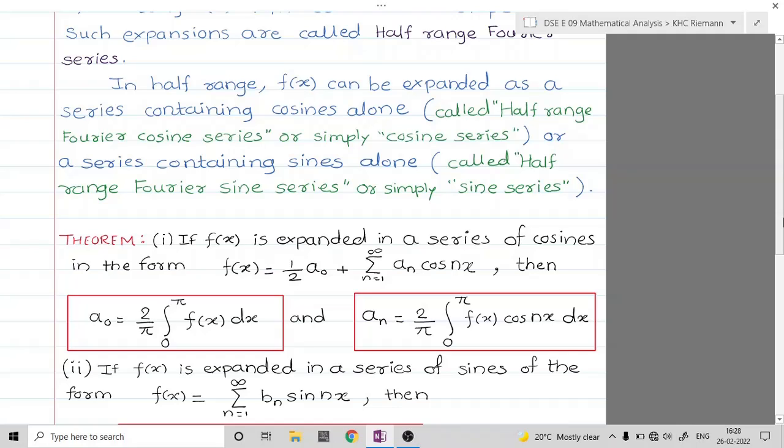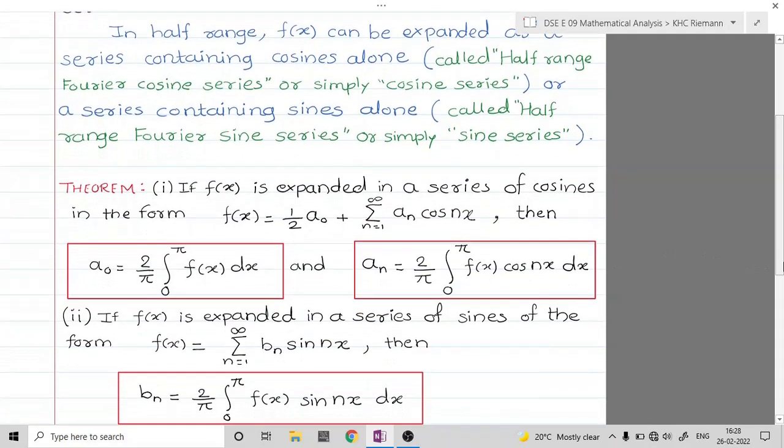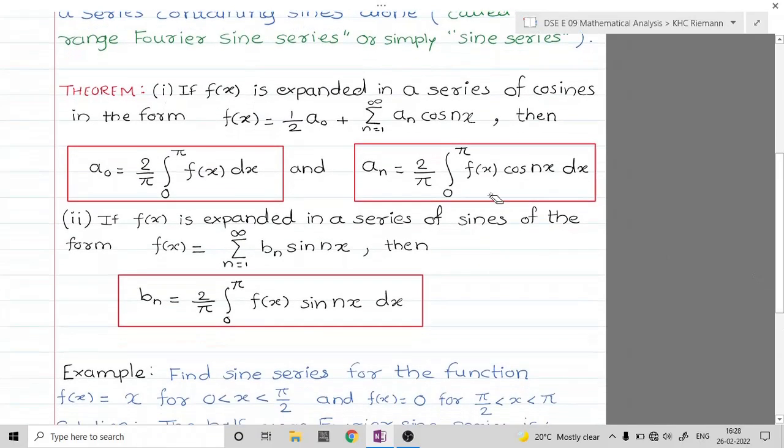बरोबर. As we are going to assume function is expanded only either in terms of cos or only in terms of sine, again we have to find out the Fourier coefficient. And so this following theorem gives very much important information how to obtain Fourier coefficient according to your nature of half range Fourier series, whether it is Fourier cosine series or Fourier sine series.